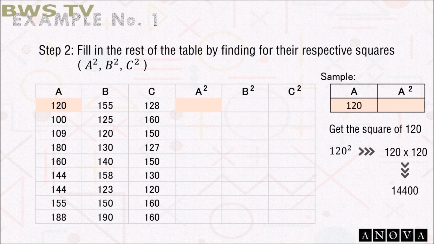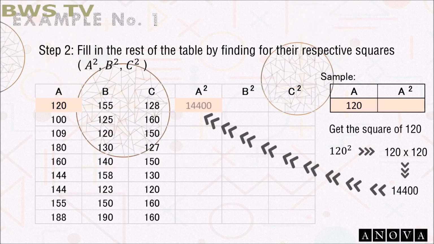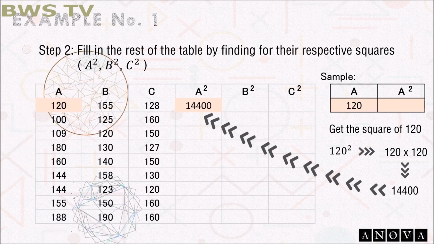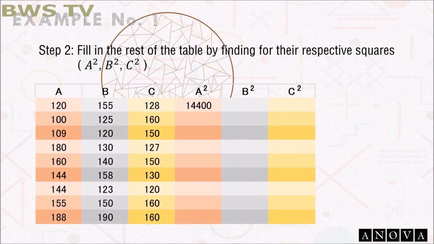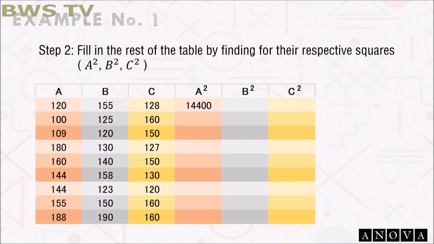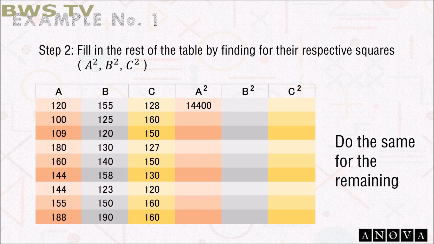Then we get the answer 14,400. Now all you have to do is the same for the rest of the empty cells. Once you're done, you can pause the video to check your answers, which will be given later on.